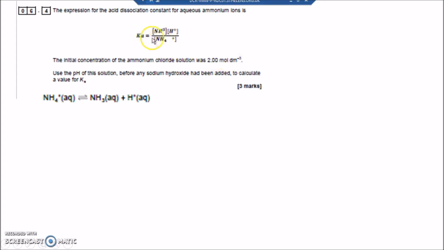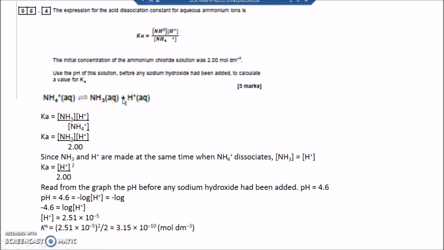So Ka equals NH3 multiplied by H+ concentration divided by 2, because 2 is the NH4+ concentration. I'm trying to find Ka. Ka equals this concentration multiplied by this concentration divided by 2.